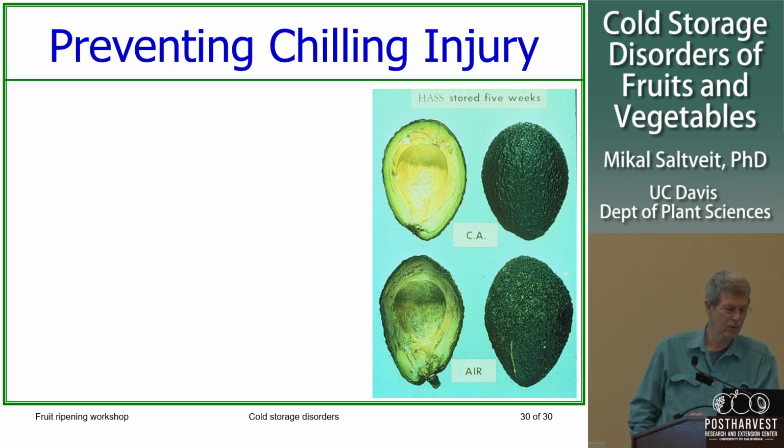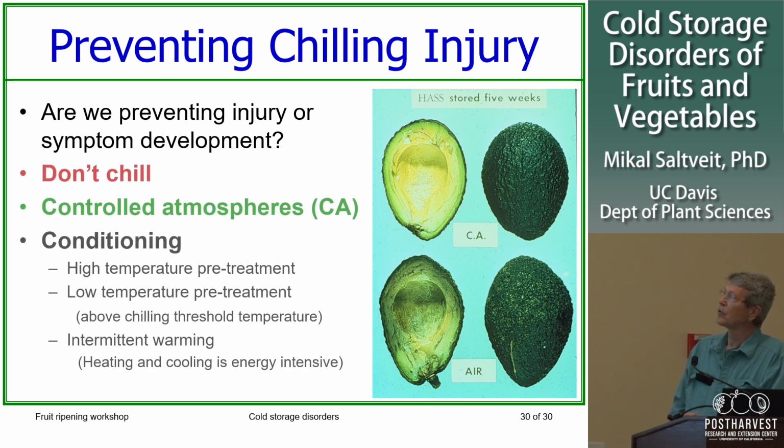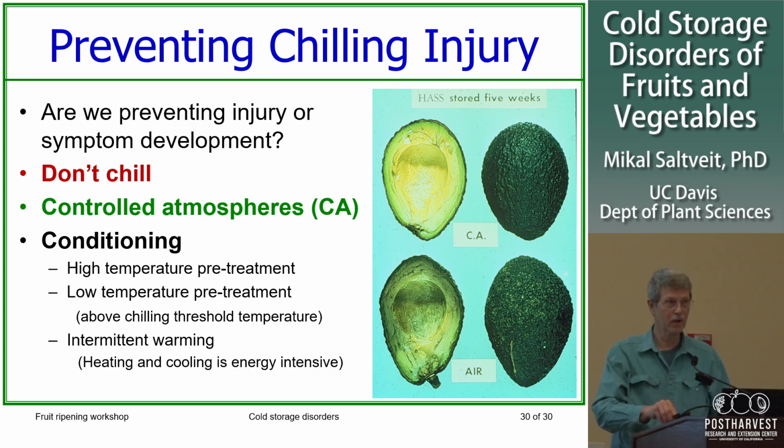How do you prevent chilling injury? Well, we don't know whether we are preventing the symptoms or the injury, but you can do it with controlled atmospheres, or don't chill, there you go, but oftentimes this is relatively expensive for commodities. Or you can condition them. You can do high temperature conditioning, low temperature, or intermittent warming. Intermittent warming is a really interesting idea, but it's expensive because of the energy costs.